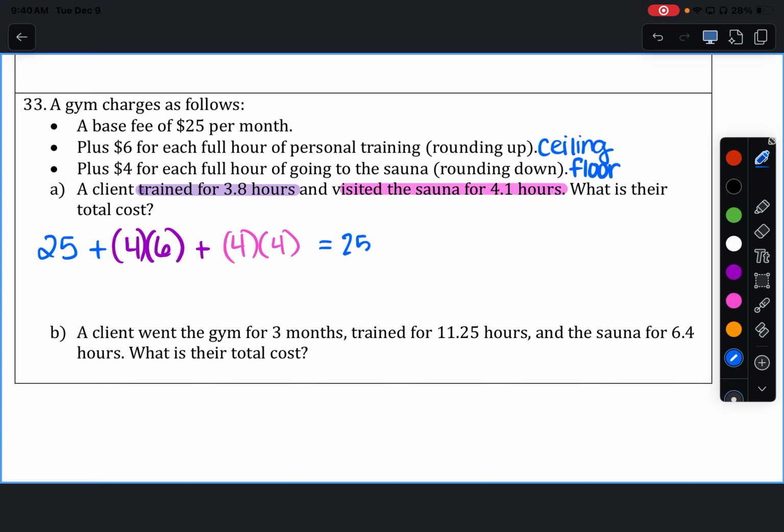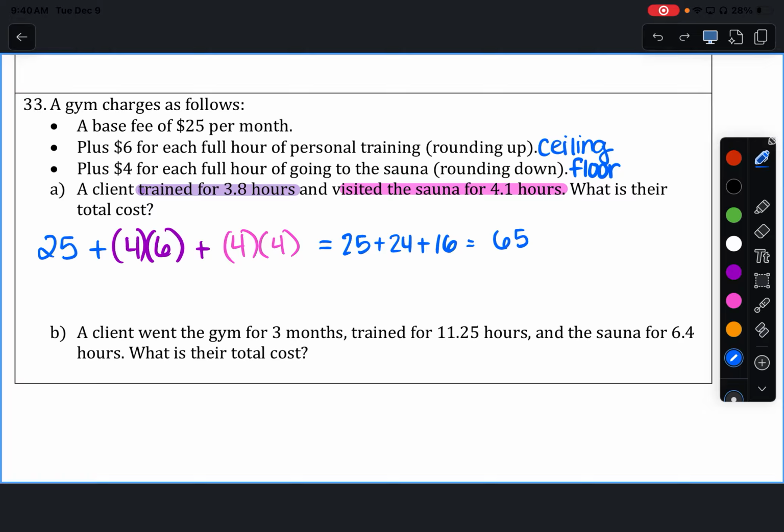So what is 4 times 6? What is 4 times 4? So what is 25 plus 24 plus 16? $65. Okay, because 24 plus 16 gives you 40, and 40 plus 25 is 65.